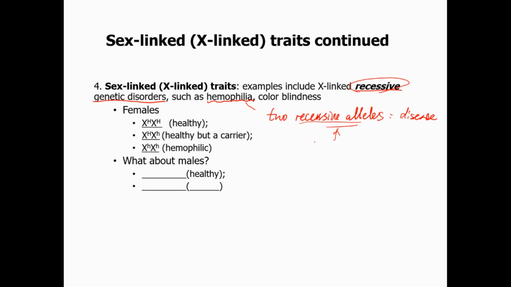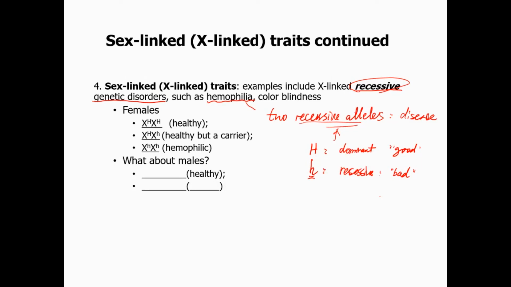Okay, now let's use the big H for dominant, which is the good allele, right? The good allele. The little h, that's the recessive. And we know that's the bad allele, right? If you have two little h alleles, then you have hemophilia, you have the disease. Now, this is linked to X, right?